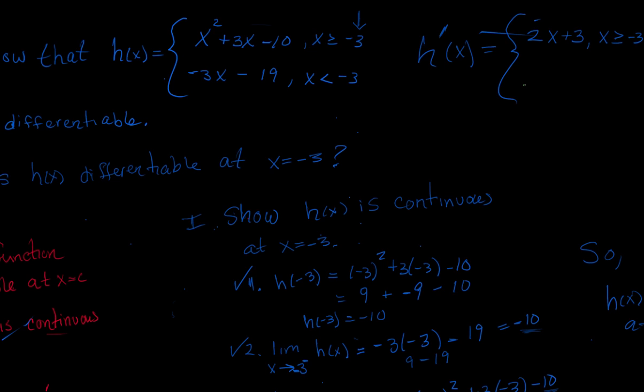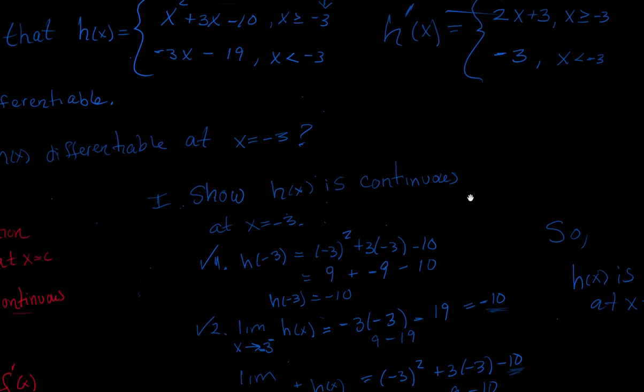And the derivative of -3x minus 19 is just -3 when x is less than -3. Okay? So there we have it, we've now found the derivative. We can now use it.